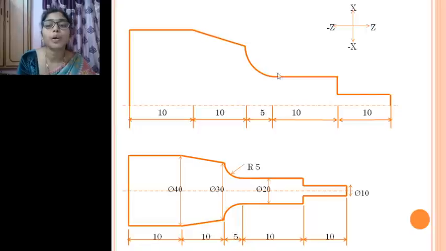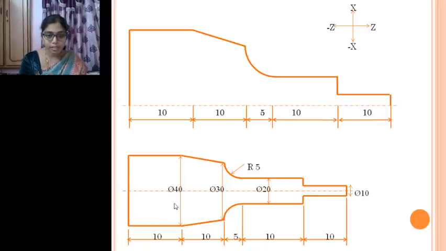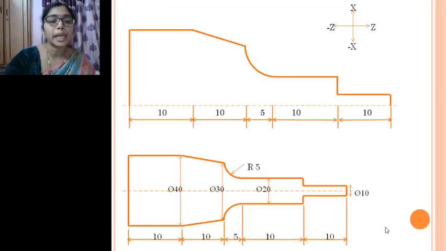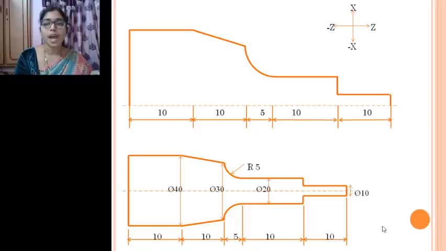So to obtain this cross section, first we take half of the section, and then we define these different points where the tool has to move.